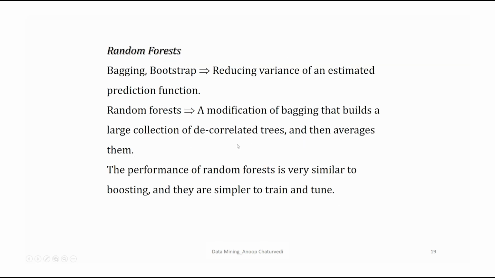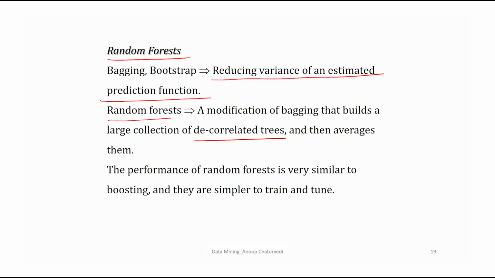Now we come to random forests. Bagging and boosting are used for reducing variance of an estimated prediction function. Random forest is a modification of bagging that builds a large collection of decorrelated trees and then averages them.